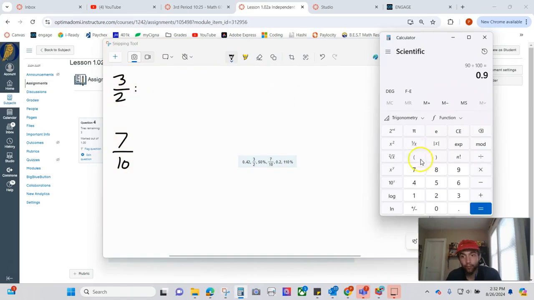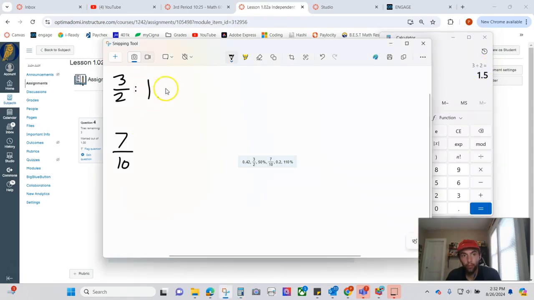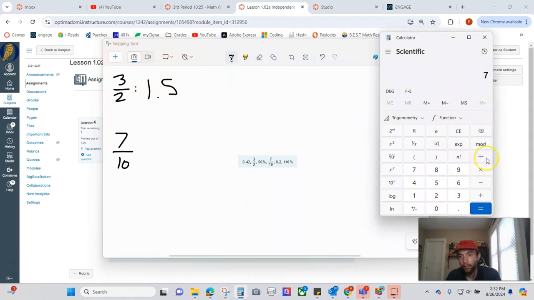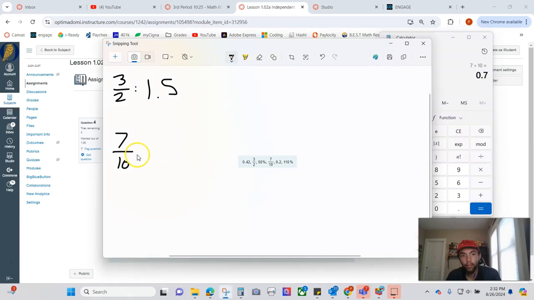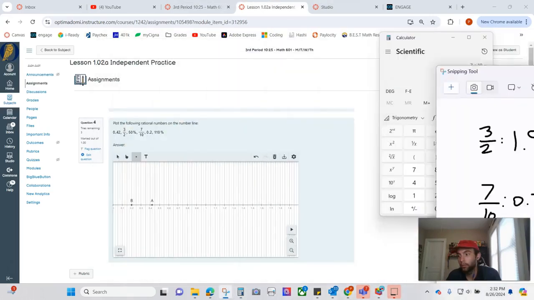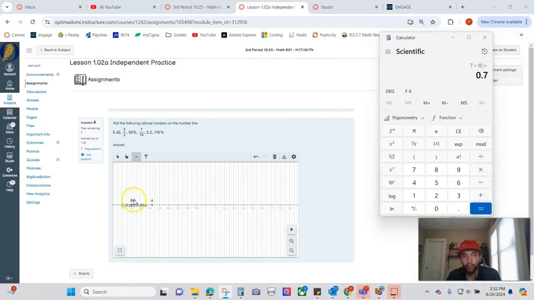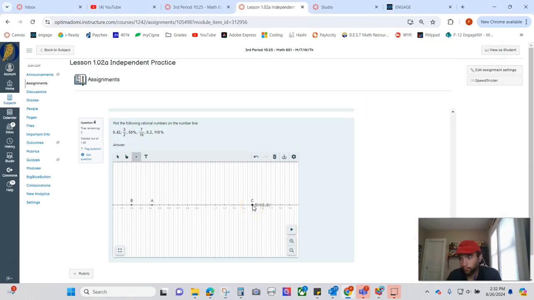So 3/2 is the same as 3 divided by 2, or 1.5. And 7/10 is the same as 7 divided by 10, which is 0.7. Now let's plot those fractions. 1.5 is here, and 0.7 is here.